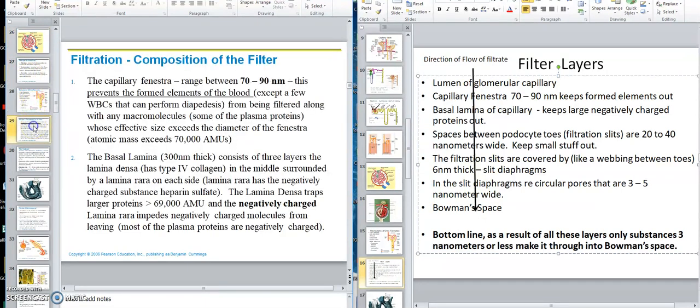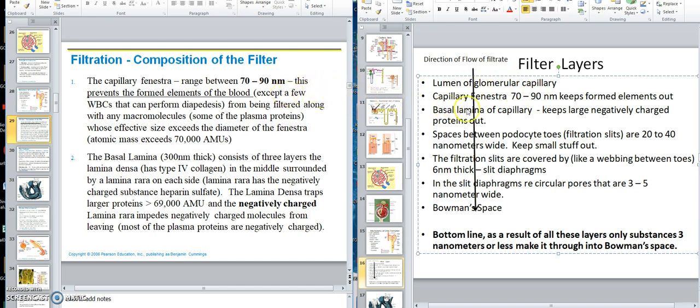The first thing is, going back to blood vessels, the capillaries of the glomerulus are fenestrated. Now remember, we had continuous capillaries, fenestrated capillaries, and what? Sinusoidal. These are fenestrated, which means a little narrow window. The window is about 70 to 90 nanometers.